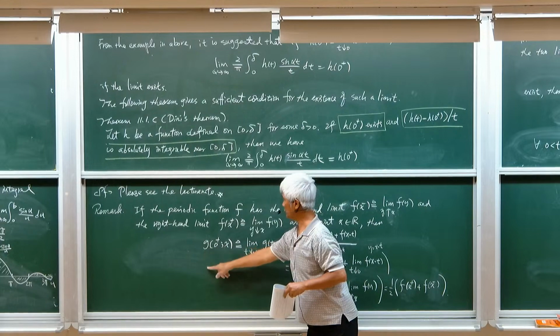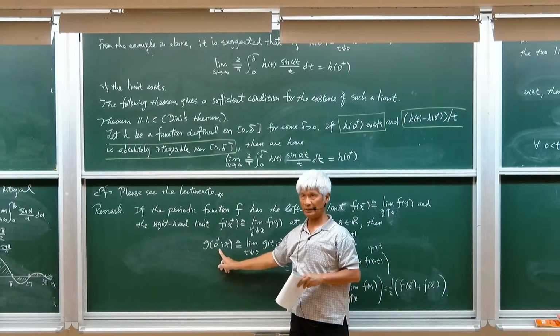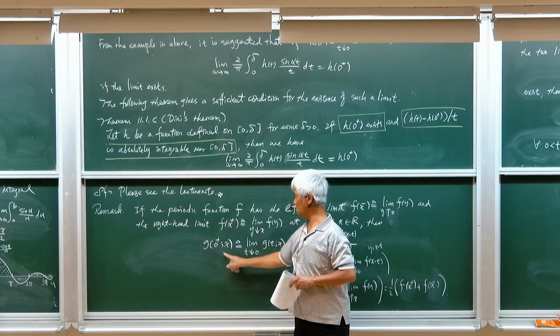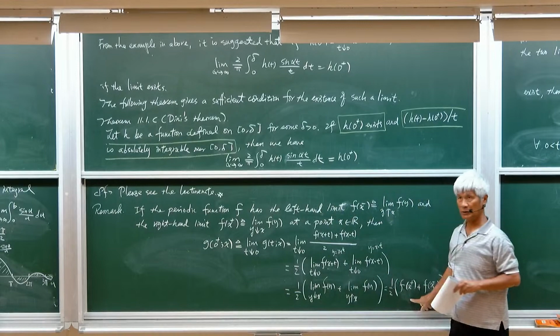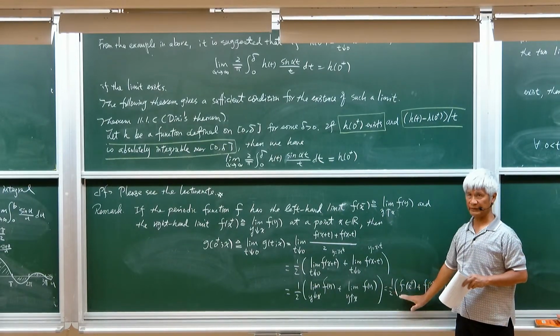So this is h of 0 plus, the right-hand limit at 0. And we know that the right-hand limit of g is equal to the average of the right-hand limit and left-hand limit of f at x here.